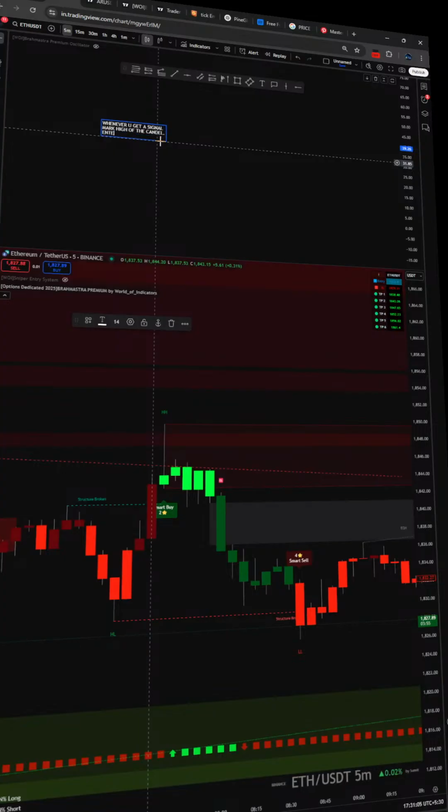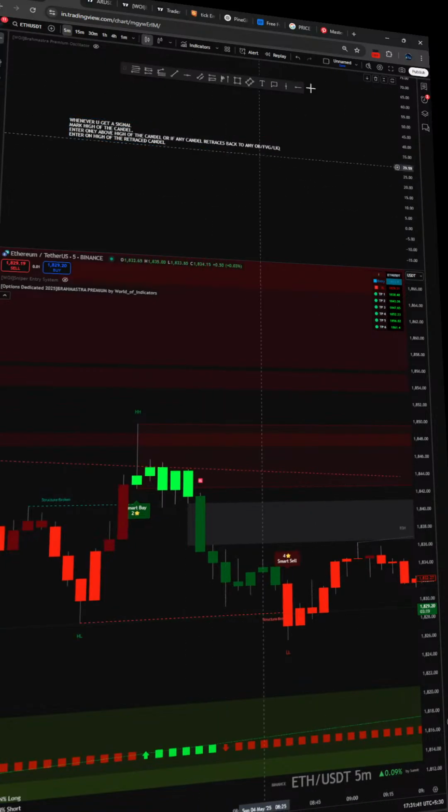Enter only above the high of the candle, or if any candle retraces back to any order block or fair value gap or liquidity, enter on the high of the retraced candle. This is the one concept we use.